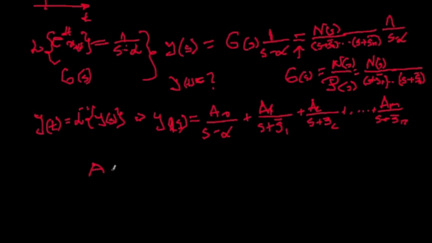So a0 is going to be N(s) over (s plus s1) up to (s plus sn), times 1 over s minus alpha, multiplied by s minus alpha.